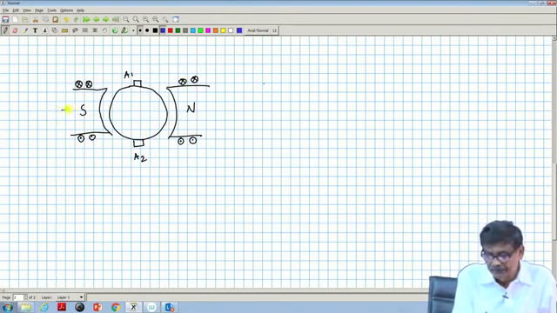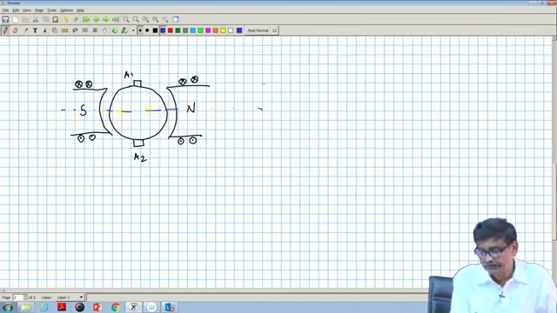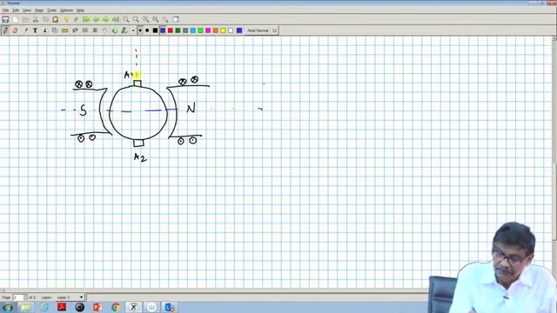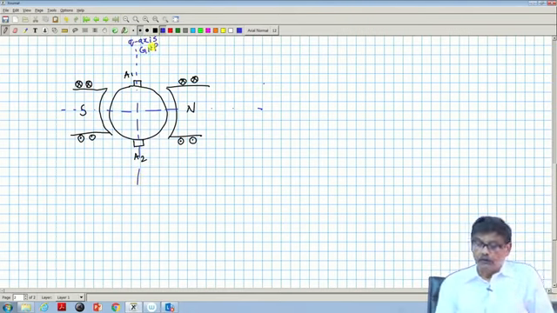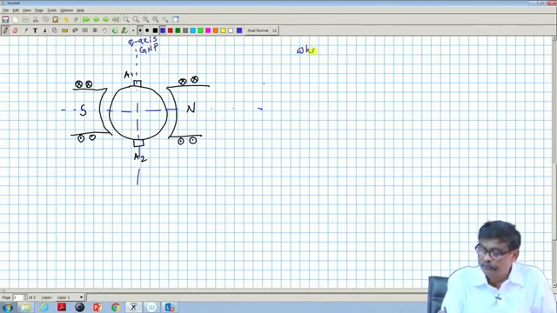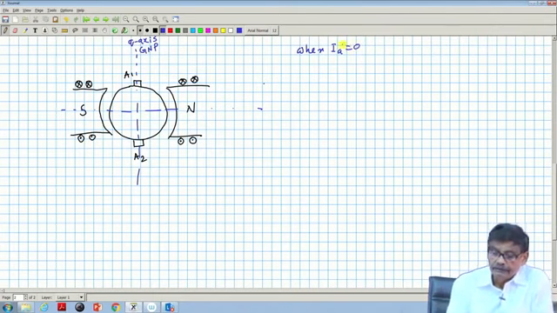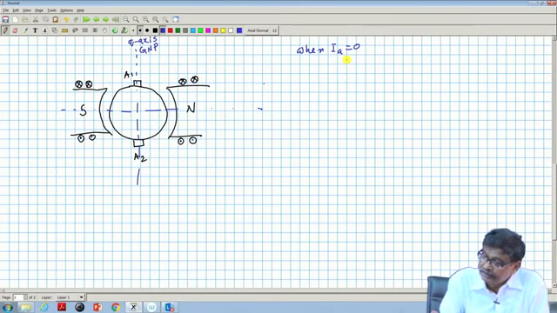The geometric neutral plane is defined as perpendicular to the field axis, that is, the q axis is your geometric neutral plane, which coincides with the GNP. When IA is equal to 0, that is, when the machine is under no load condition, at which points will the field be 0? Along this line only, because the B distribution is like this.